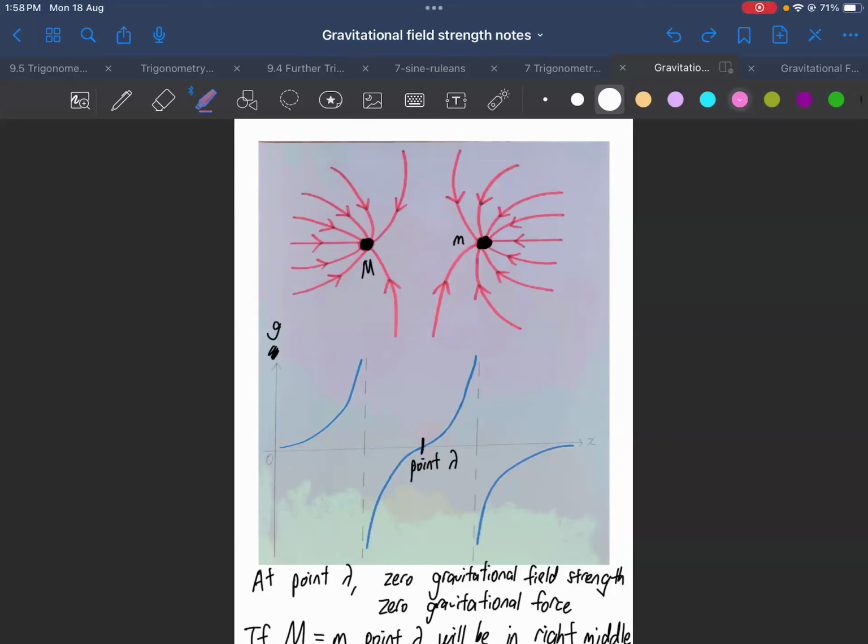So you see, for example here, all the gravitational field strengths are generally going to left or right. Generally going right. So it will be positive or negative. Going right would be positive.